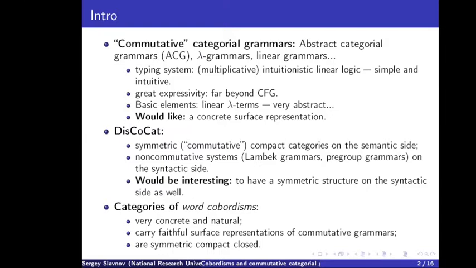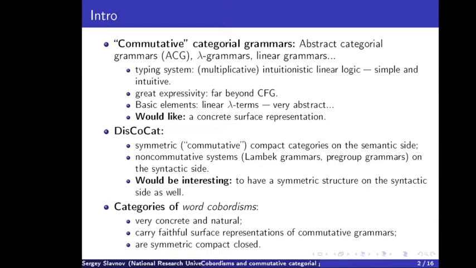And in a striking difference, at least for me, from more traditional approaches, the basic entities, basic language elements, so to say, in these grammars are extremely abstract. They're just linear lambda terms. And it's not easy to think of a concrete piece of language as a lambda term.